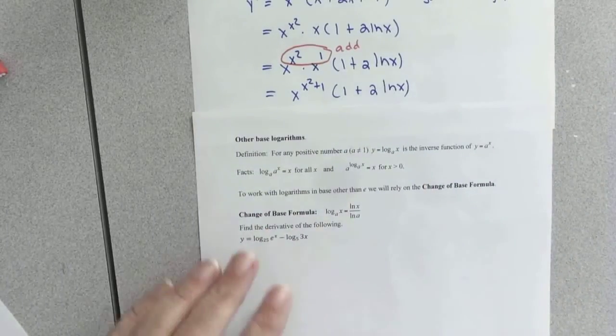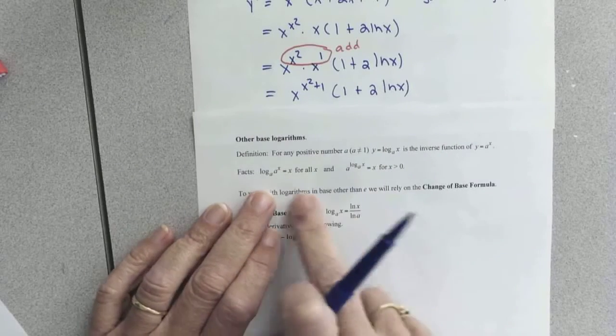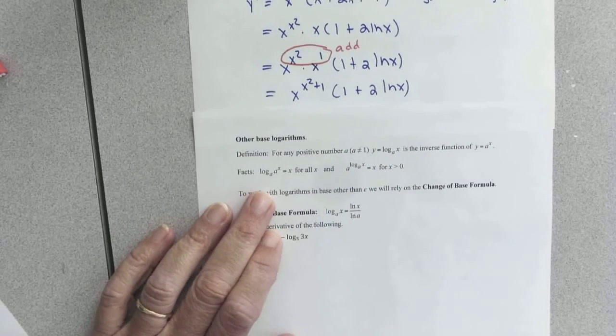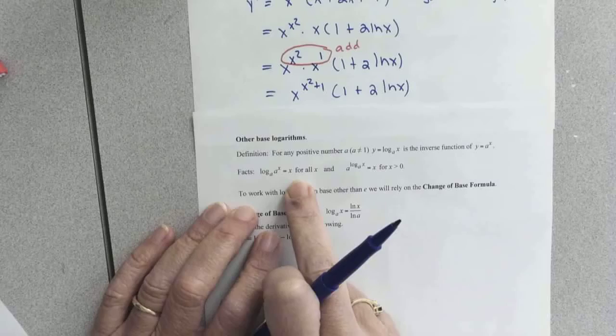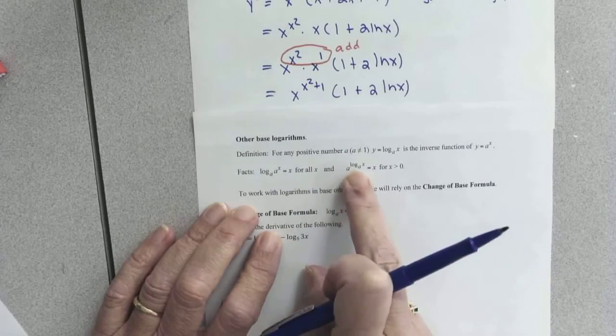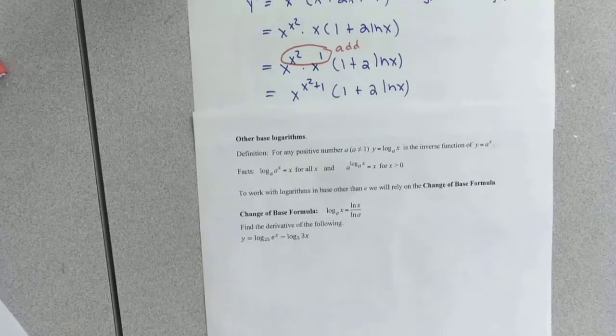So we've kind of already talked about that. And the facts that logarithms and their associated exponential functions are inverses: log base a of a to the x is x, and a raised to the log base a of x is x.